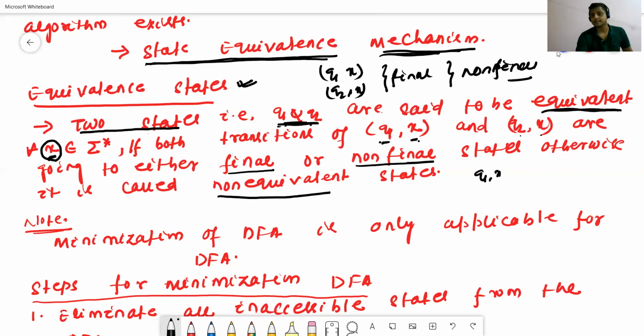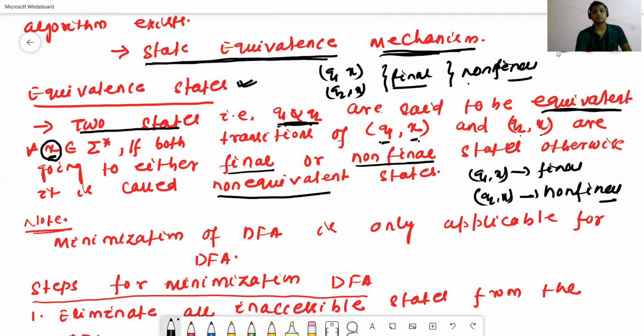Suppose Q1X goes to a final state and Q2X goes to a non-final state, then they are non-equivalent states. Hope all of you understand what is the meaning of equivalent states.